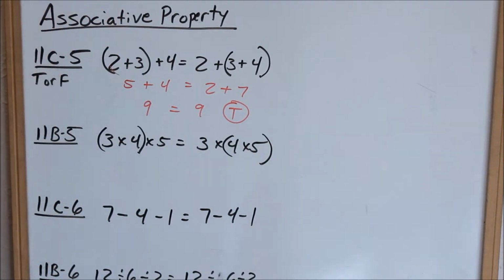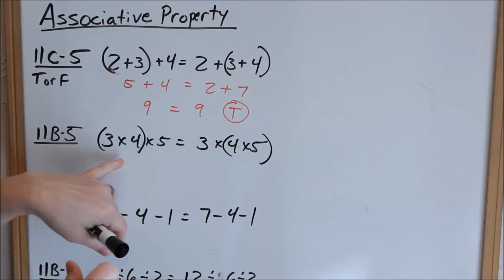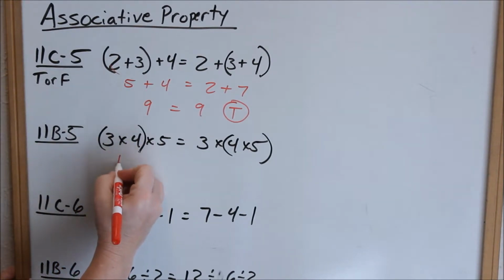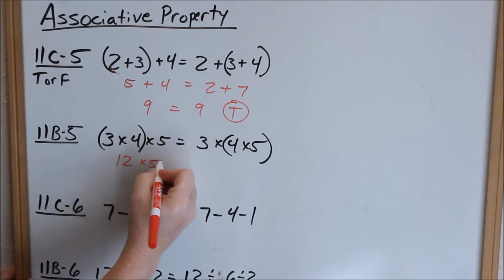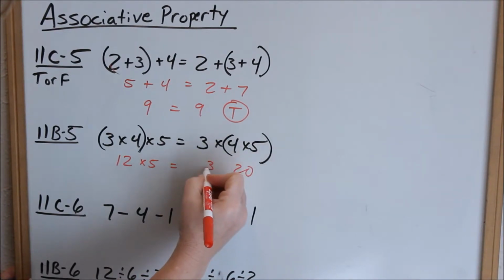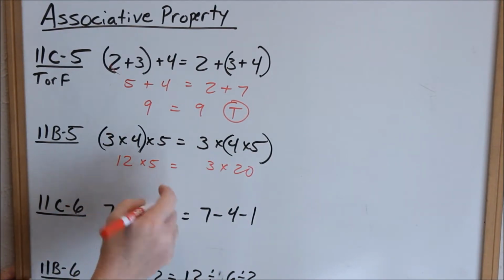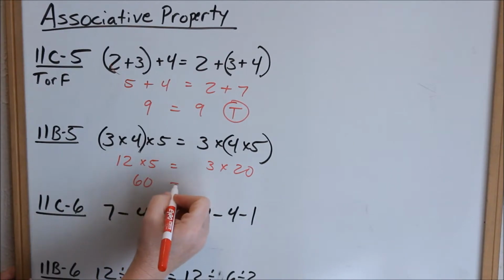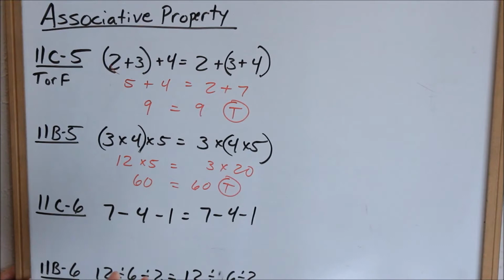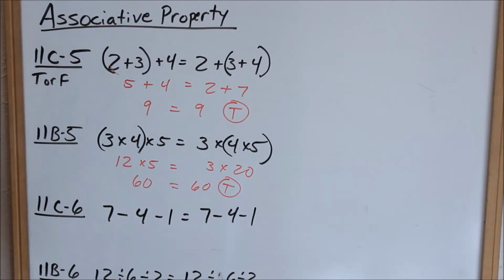So we said that associative should be true for multiplication, so this should be true. 3 times 4, 12, and then times 5 should be equal to 4 times 5, 20, then 3 times that. 12 times 5 is 60, and that is equal to 3 times 20, which is 60. So that just proves that associative property is true for multiplication as well.